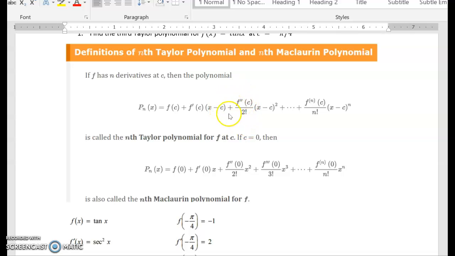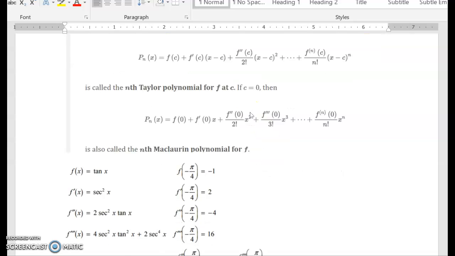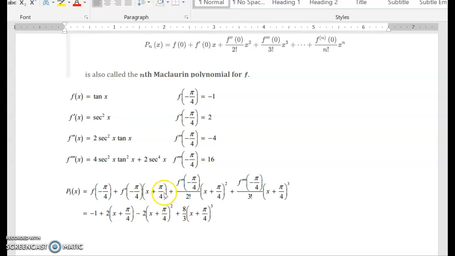So I want to be careful and find these coefficients for my polynomial where I evaluate the derivative at negative pi over 4 in this case, and then divide by 2 factorial for the second derivative. All right, this one's divided by 1 factorial, which we don't really need, of course, and then the third derivative over 3 factorial.